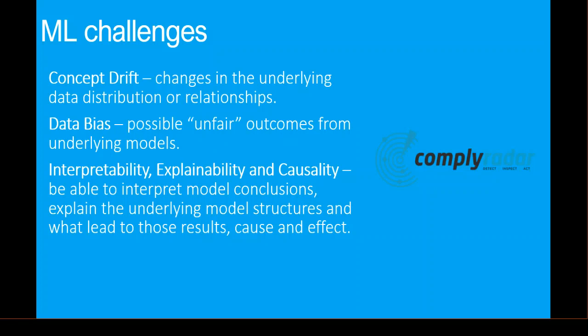Why did it result in this result? What caused this result? Not just a black box. Because otherwise it's like you're removing transparency, and it's very important to have transparency. Why is the model giving me this result?